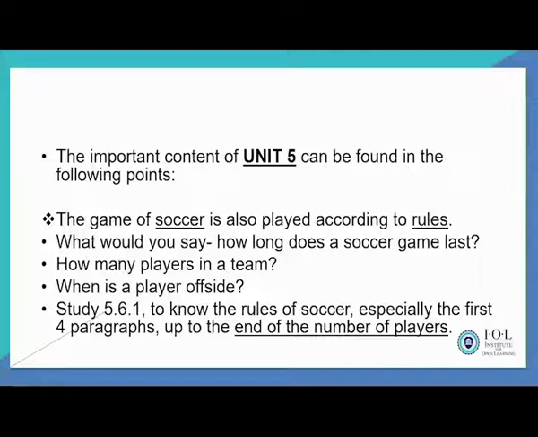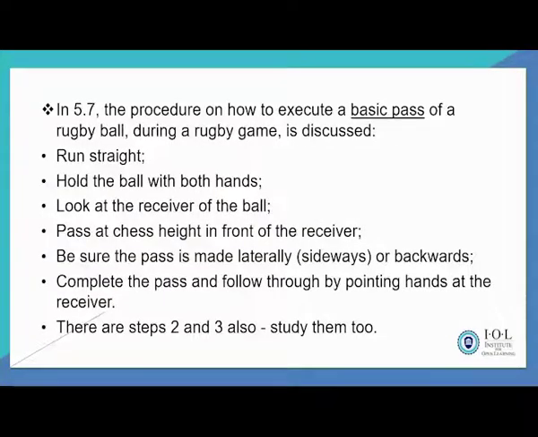In 5.7, the procedure on how to execute a basic pass of a rugby ball during a rugby game is discussed. And it's discussed as follows. Run straight, hold the ball with both hands, look at the receiver of the ball, pass at chest height in front of the receiver, be sure to pass.